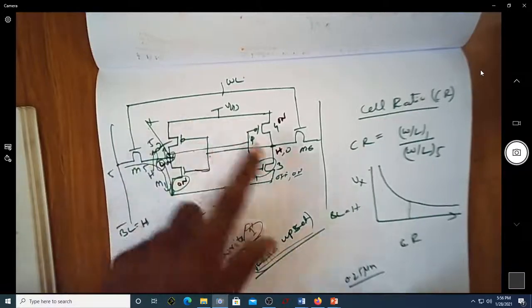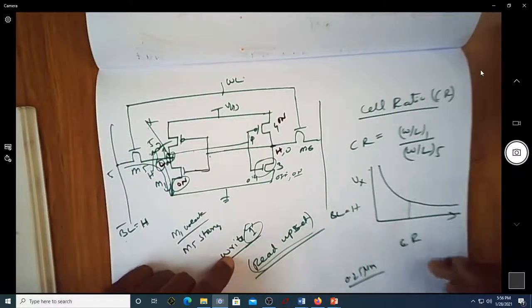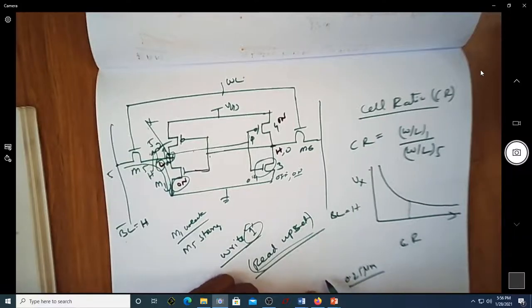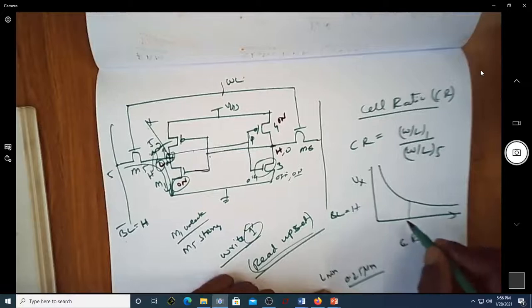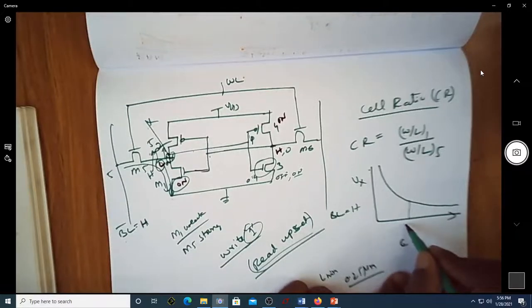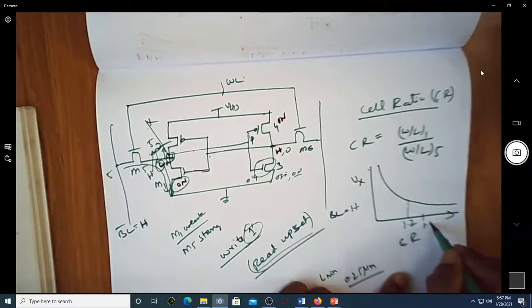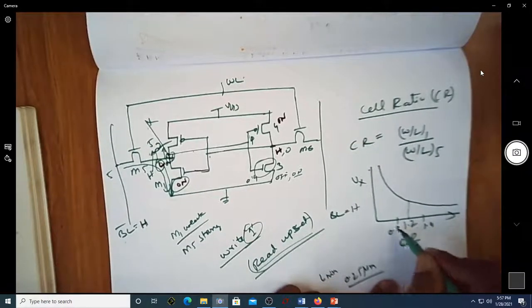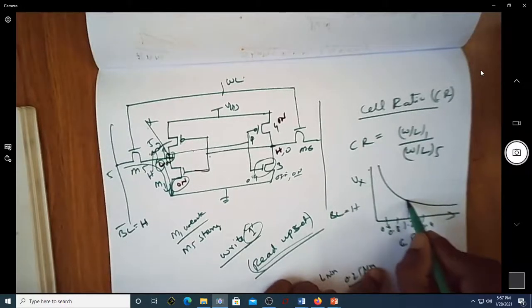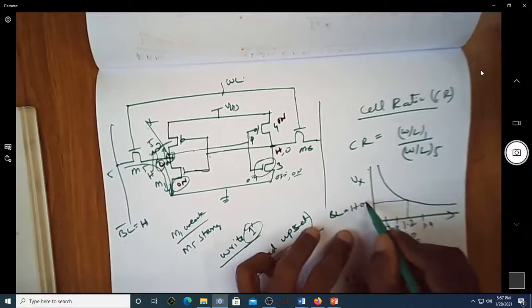Keeping all the transistors at minimum dimension with L minimum equal to 0.25 micrometer, it was found in simulation that this is 1.2, assume this is 1.4, this is 0.8, assume this is maybe 0.6, and this 1.2 corresponds to 0.4 volt.